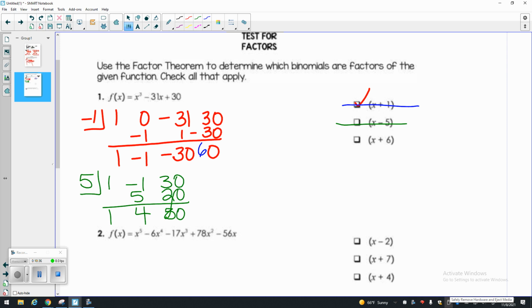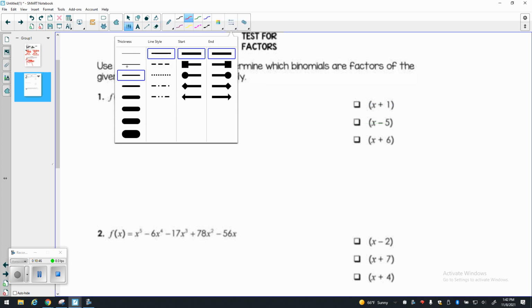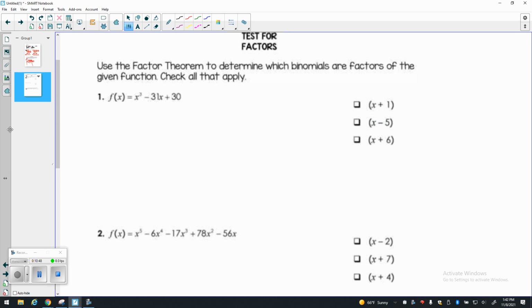Okay, hold on. Let's just pause and go back because you made a big mistake there. Where were you two minutes ago? Me? Yeah. Or I made my mistake. Okay, that's fair. You've got to check 5 with the original. So 1, 0, negative 31, 30.